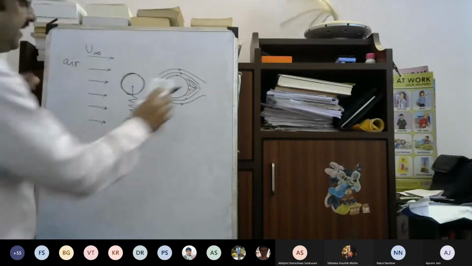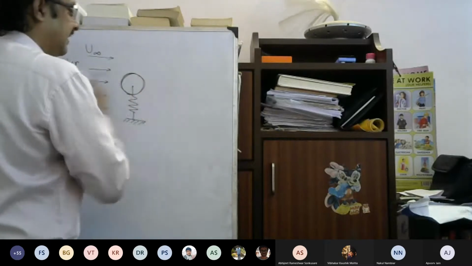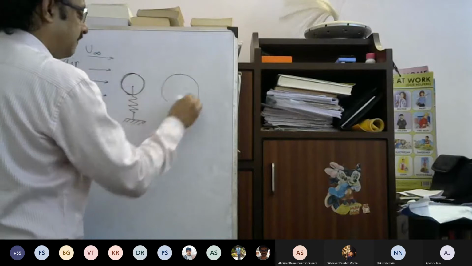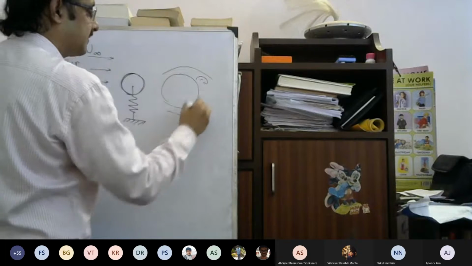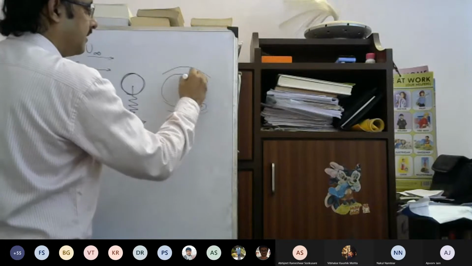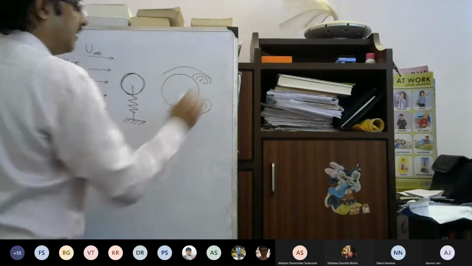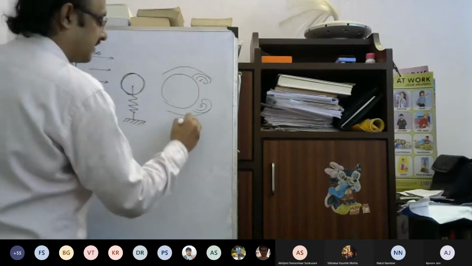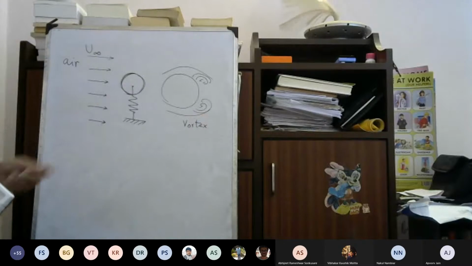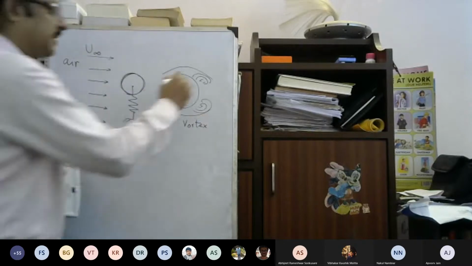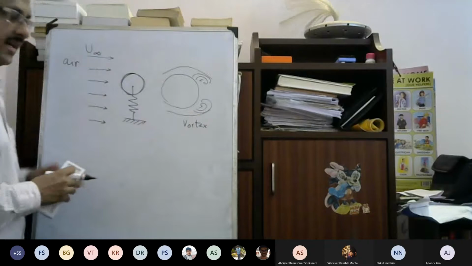Now, if you increase the speed, then in this region it will form vortices. At a certain speed, these vortices will actually get detached.